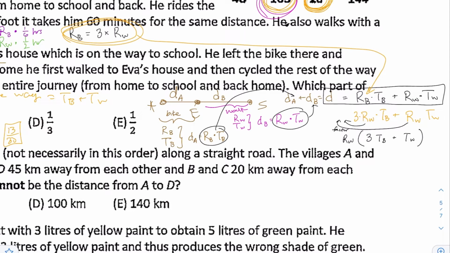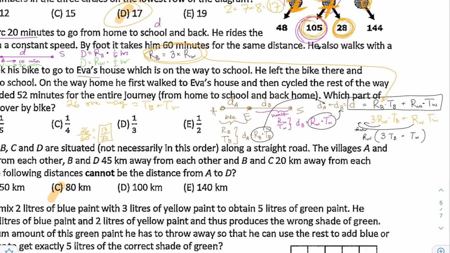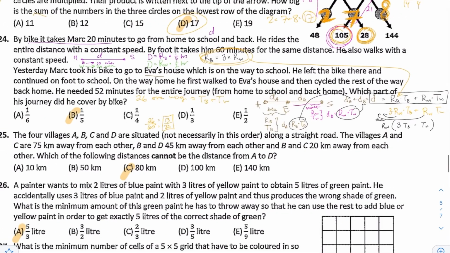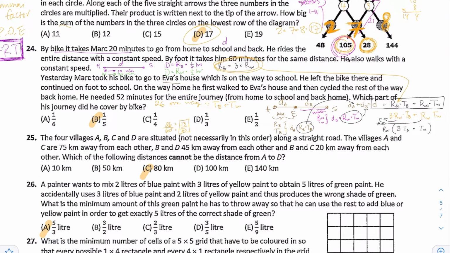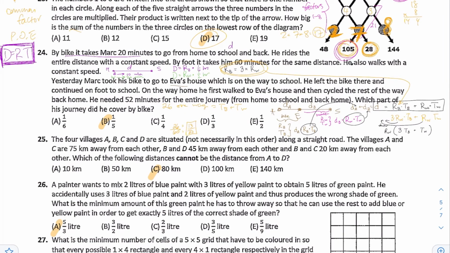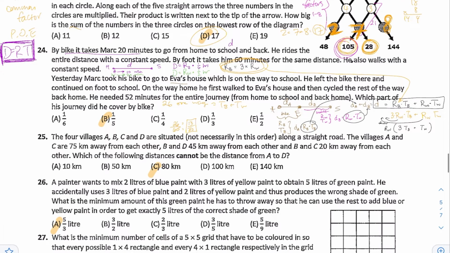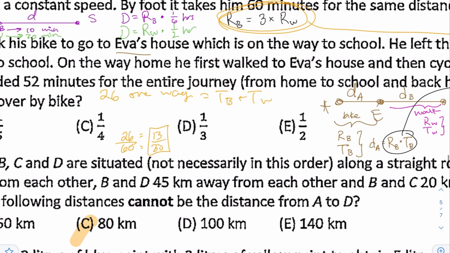And in this case, we can then do some more substitutions here. So from here, you can take this information, the fact that TB plus TW, the two times added together, is equal to 13 over 30.